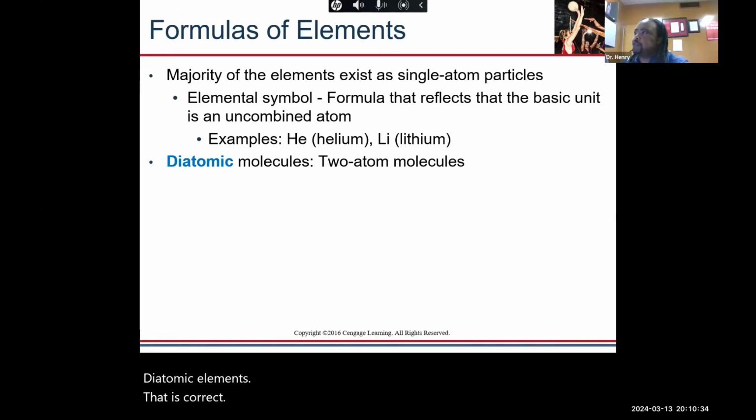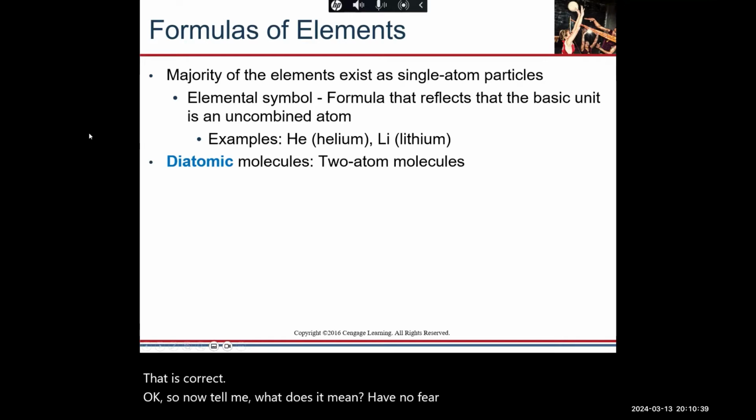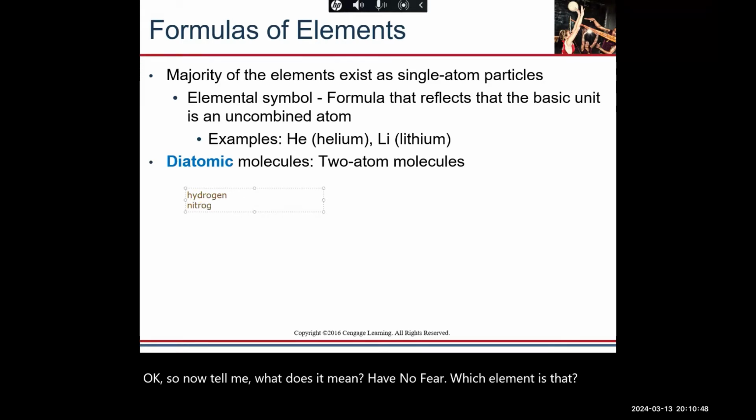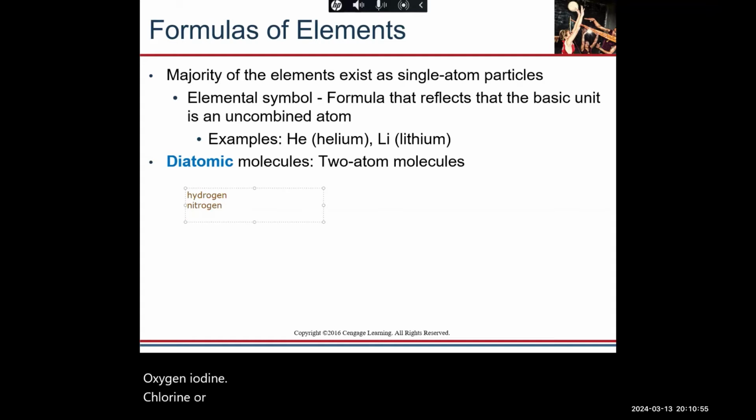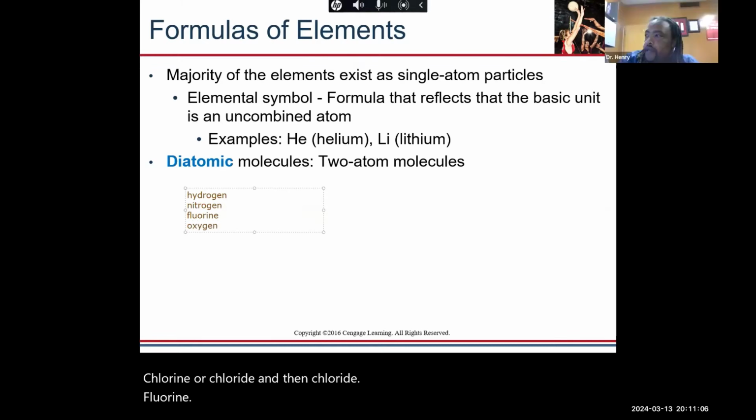Okay. So now tell me, what does it mean? Have no fear. So tell me: hydrogen, nitrogen, fluorine, oxygen, iodine. Is it chlor... hold on, chlorine, and then bromine. Good job.